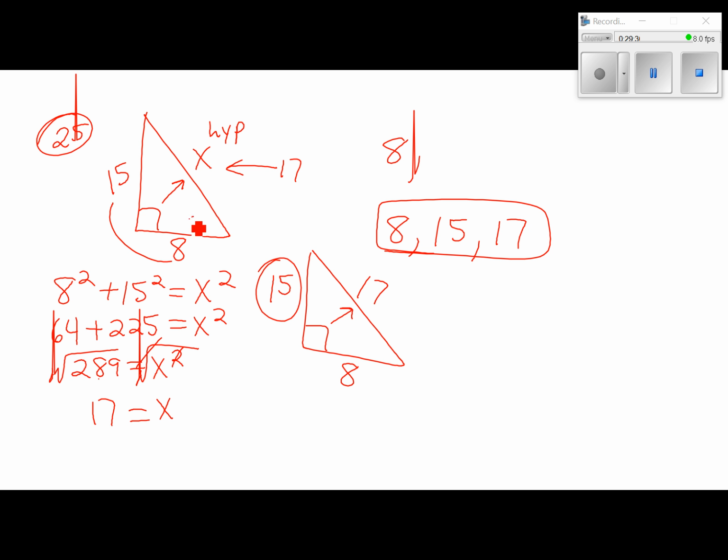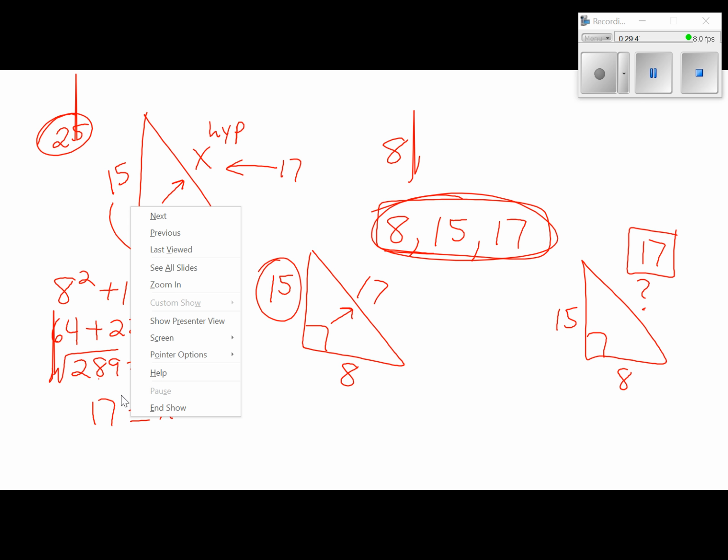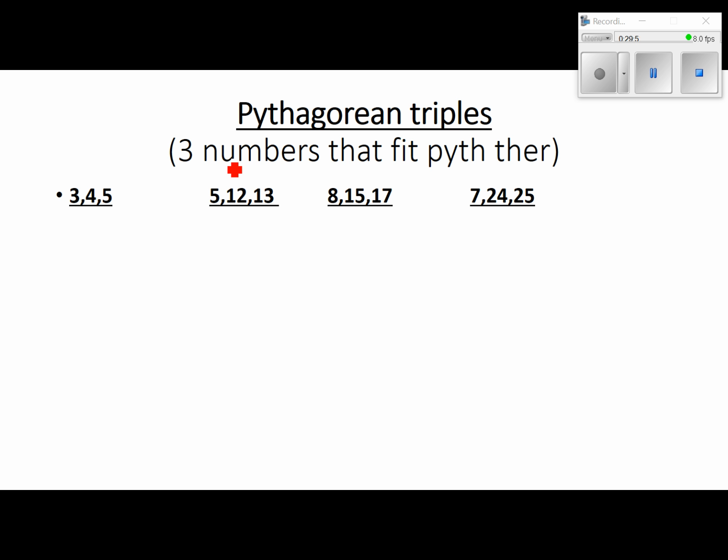So if I see a problem that looked like this one, and I knew that one leg was 8 and the other leg was 15, and I was looking for that hypotenuse, I know right off the bat that hypotenuse has to be 17 because of this Pythagorean triple. A lot of times I call them families.